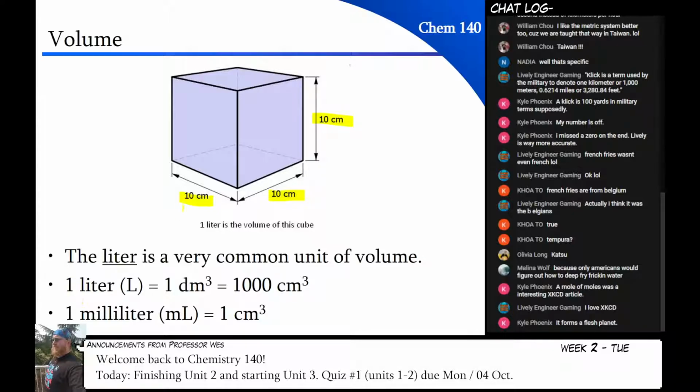If we define the liter as just a 10 centimeter cube, 10 cubed is 1,000, so a liter is the same as 1,000 cubic centimeters. If we divide both sides by 1,000, then we get this equation right here: a milliliter and a cubic centimeter are the same thing.